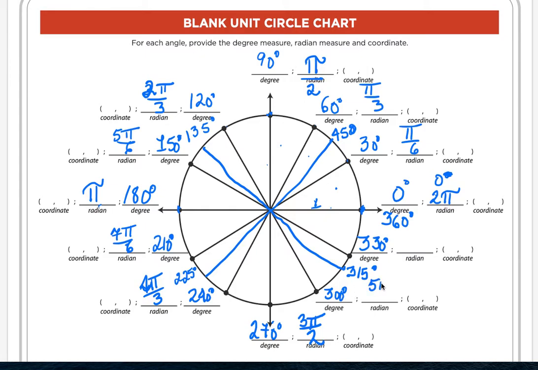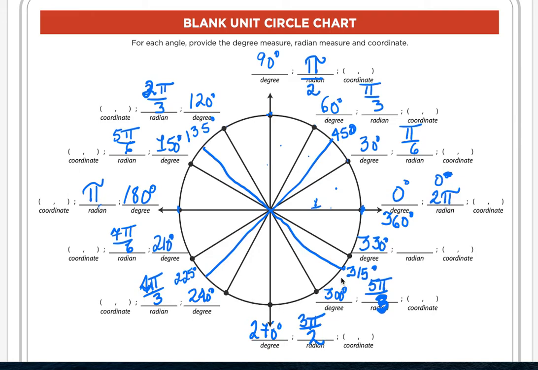So that reduces to 5 pi over 3. Oh, I'm getting this wrong. Okay, yeah, I'm getting myself confused here. 7 pi over 6, 8 pi over 6, 9 pi over 6.